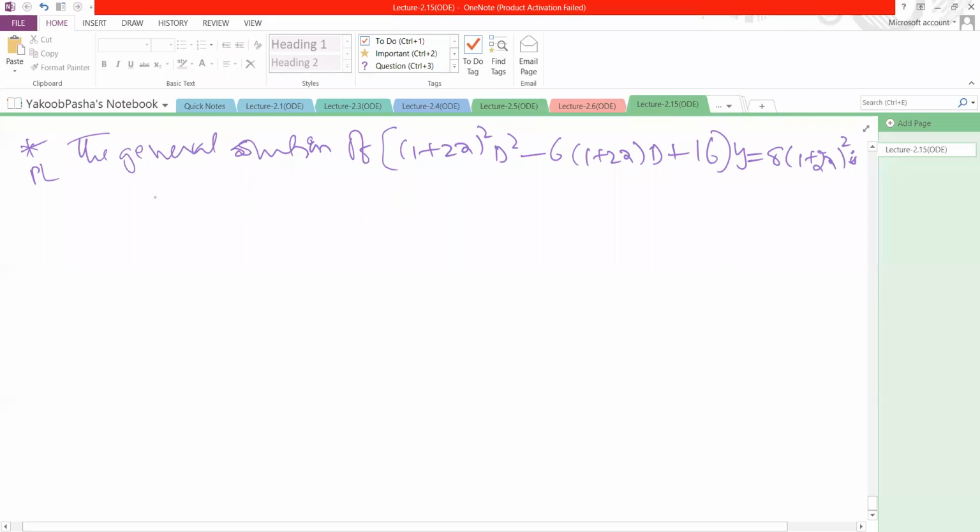So we can take directly 1 plus 2x is equal to e power z, then z is equal to log (1 plus 2x).